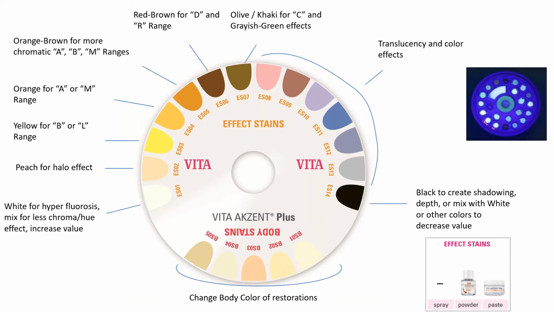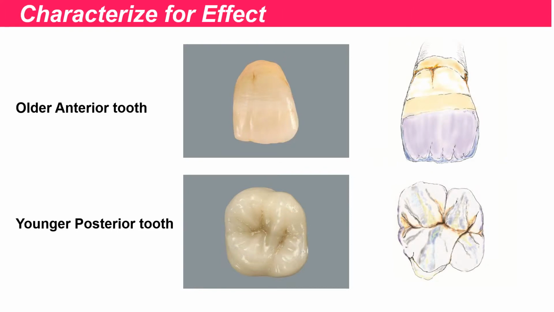I'm going to go through some of that too, and some of the techniques that I use. Some of this is probably beyond my skill level. This is a very good technician here, but it shows you how much you can affect the actual look and color of a crown, even with just surface staining.